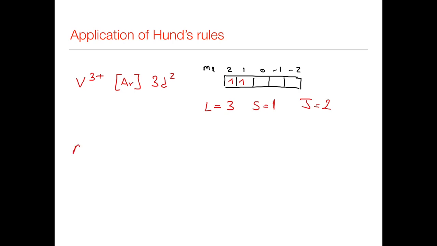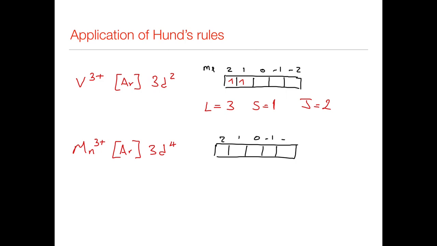All right, manganese 3+. This is an argon core and 3d4. Same box diagram. Maximize S, so 4 of them are pointing up. Maximize L, they're going to have to go in 2, 1, 0, and the 4th.